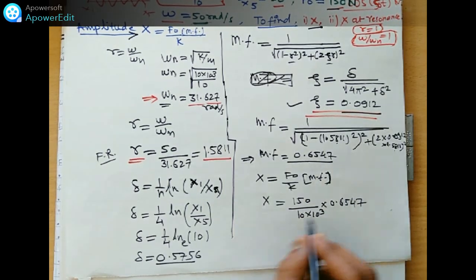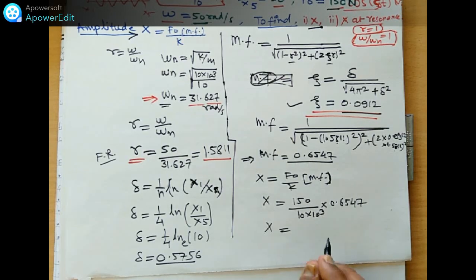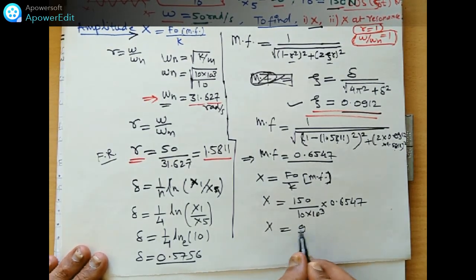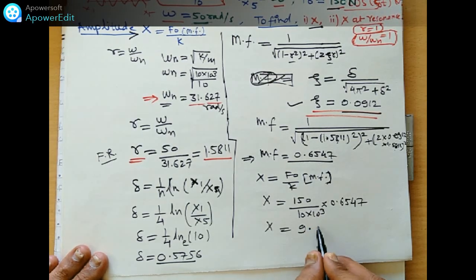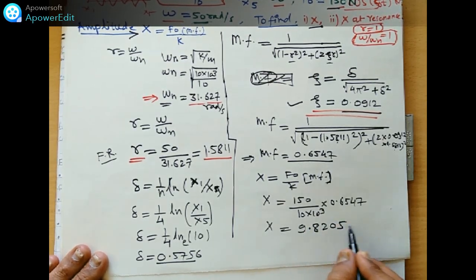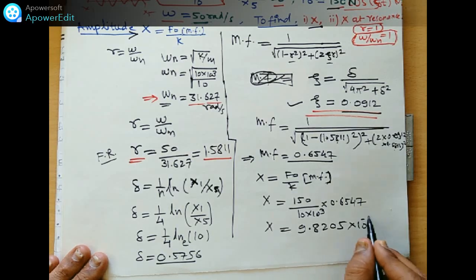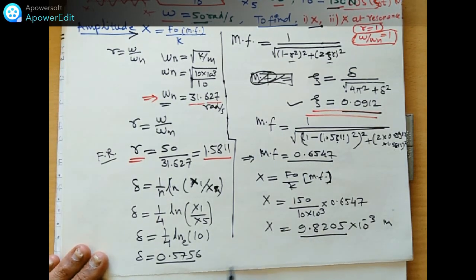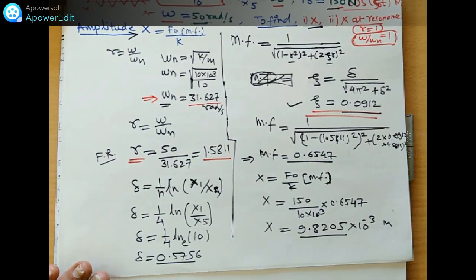What is the value of x then? In this case x becomes 9.8205 into 10 raised to minus 3, that is in meters, or 9.8205 millimeters. We have just found the value.